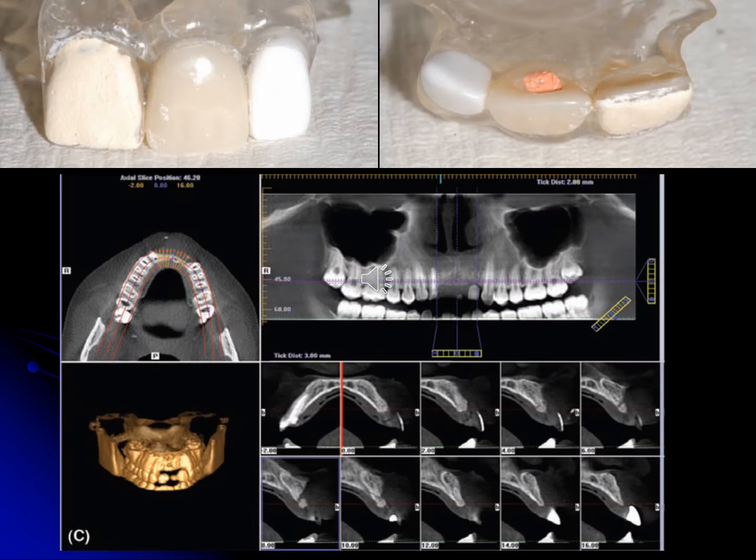We can use multiple materials as radio opaque material in the radiographic stent. In this case, we tried three different materials. In the area of 2-2, we used barium sulfate material. In the area of 2-1, we put gutta-percha.